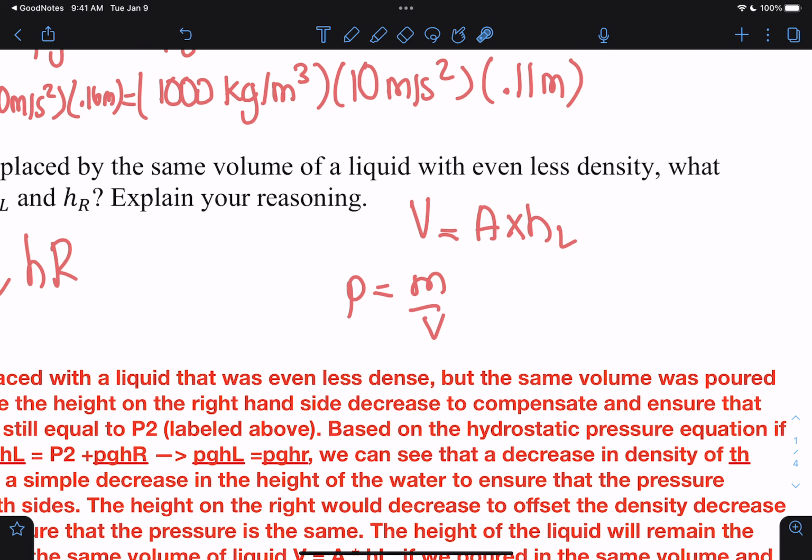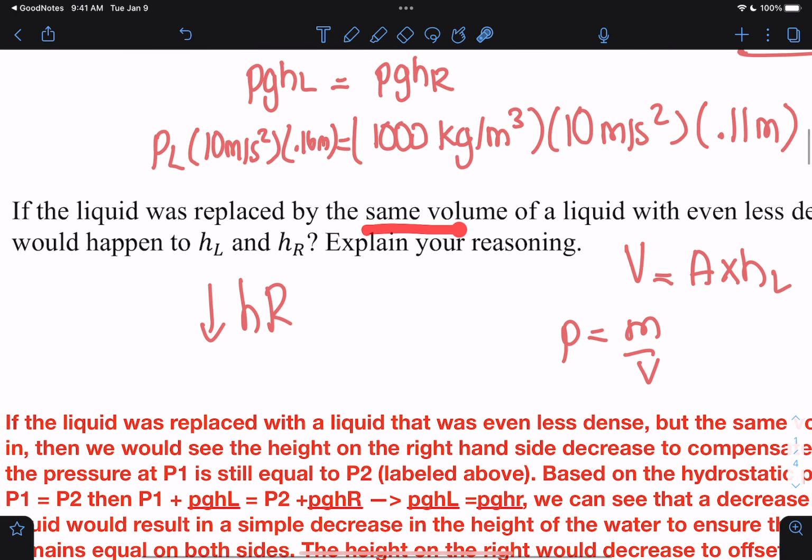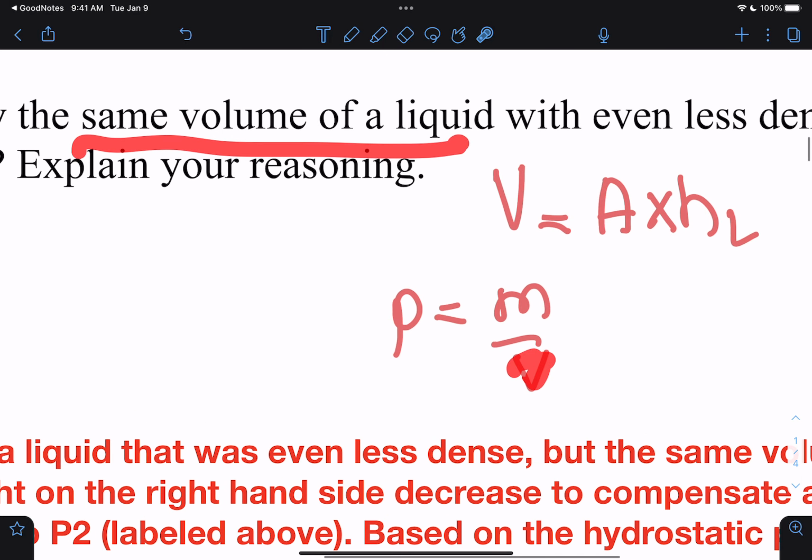But I already said in the condition that I'm keeping the same volume. So the volume stays the same, then in order to increase density, I would increase mass, for example, so I might just add more mass of water, I guess.